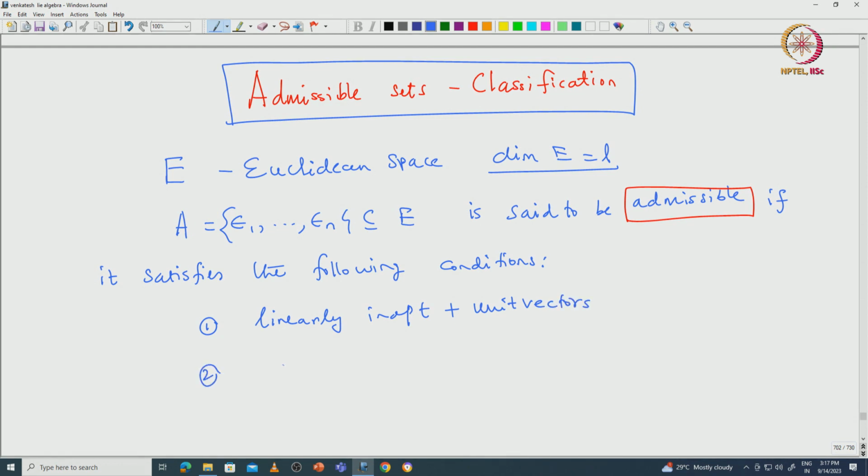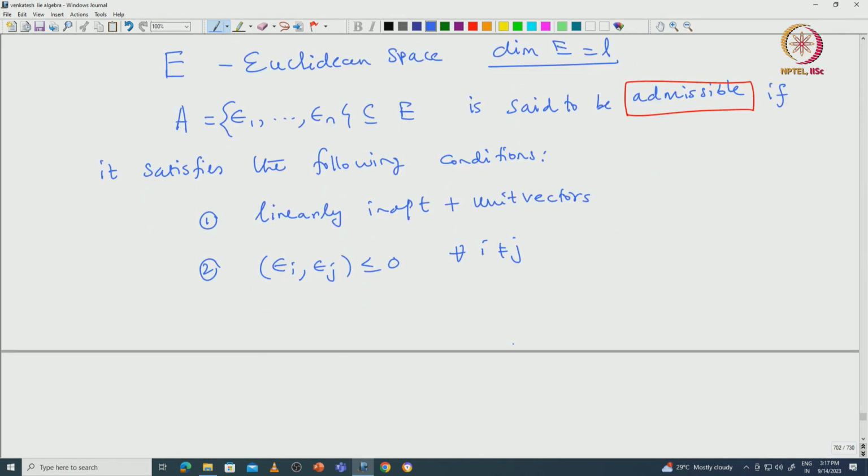The second condition, if you take the inner product of epsilon i, epsilon j, that should be non-positive for all i not equal to j. That means they have an obtuse angle between them. The third condition is about the Cartan numbers. So, 4 times (epsilon i, epsilon j) squared has to be either 0, 1, 2 or 3 for all i not equal to j. So, these are all the conditions.